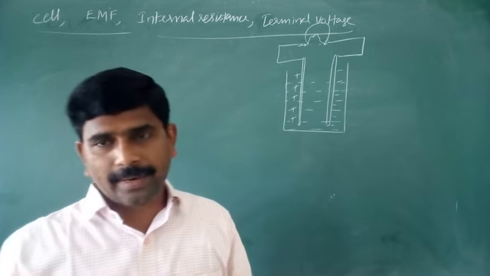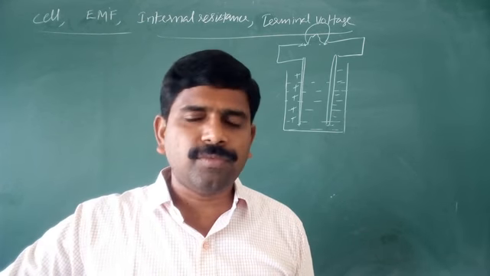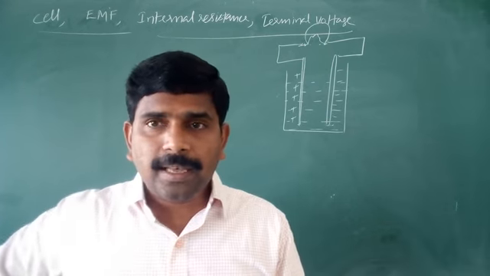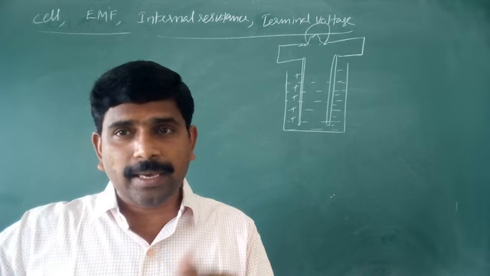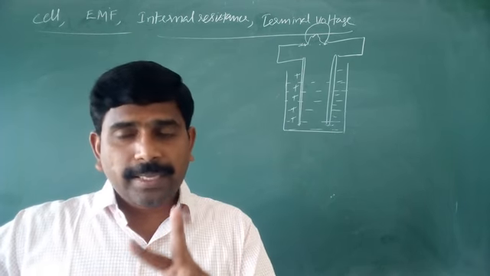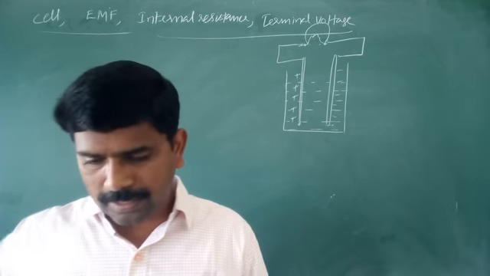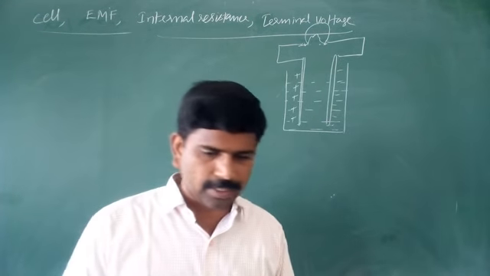A cell is a device that maintains the constant potential difference between the ends of the electrodes or the ends of the conductor by means of chemical reactions. Generally you learn that in chemistry. Or the second one is physical work done, that is the mechanical action or mechanical work done.